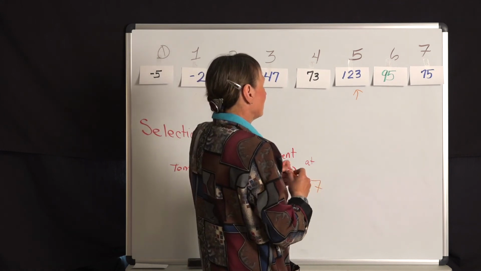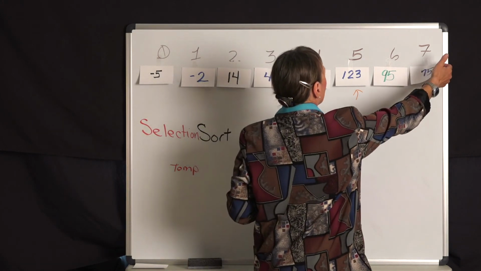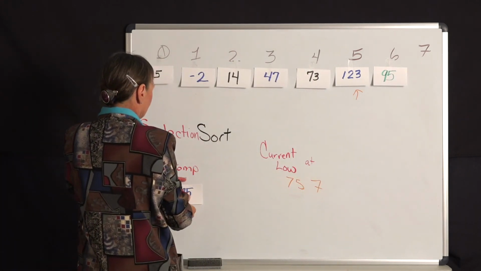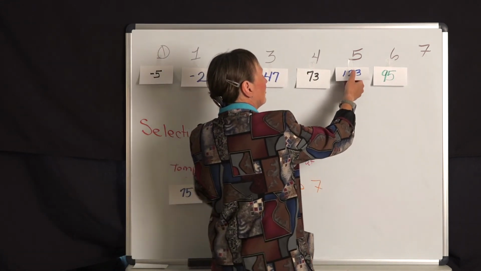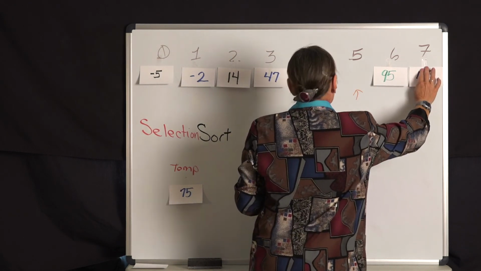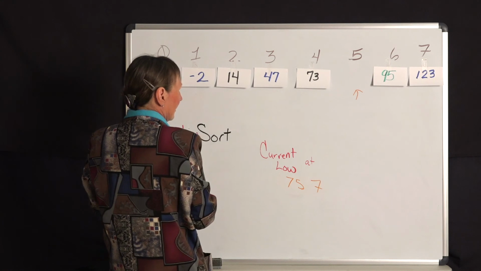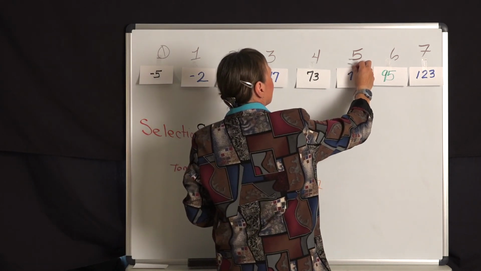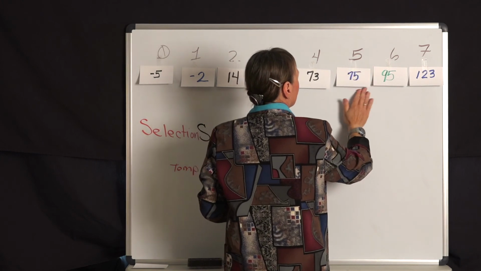And so we put the 75 in the temporary location. We move 123 to the location that it formerly held. And then we come here.